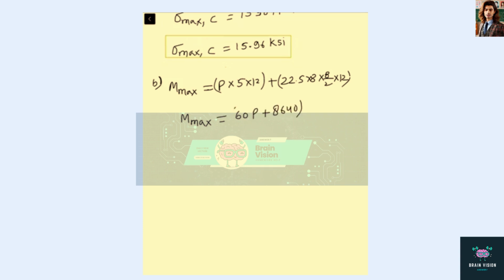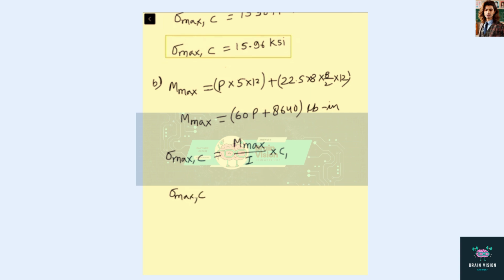Okay, so from here we get Mmax equals 60P plus 8640 lb inch.